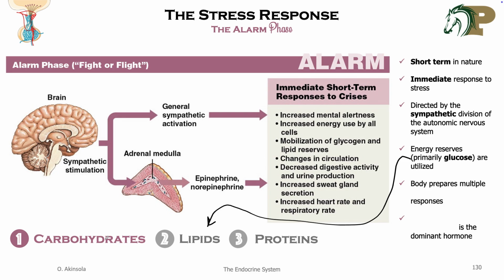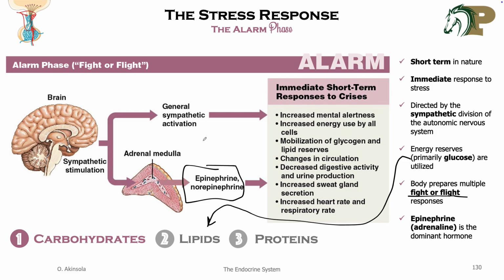The body will prepare multiple fight or flight responses. Once again, epinephrine and norepinephrine go hand in hand with fight or flight. Epinephrine, otherwise known as adrenaline, is the dominant hormone.